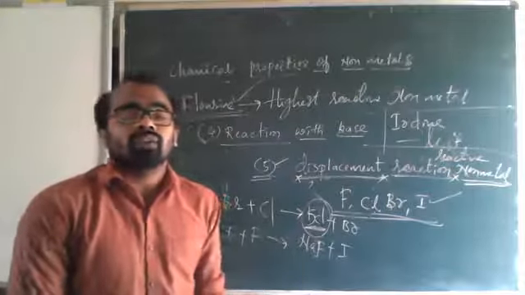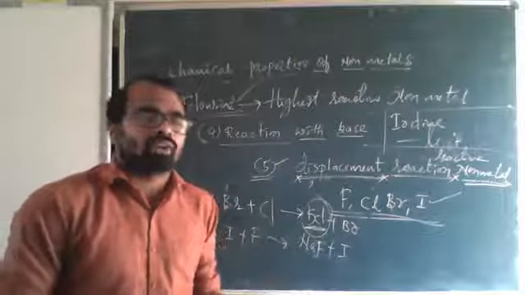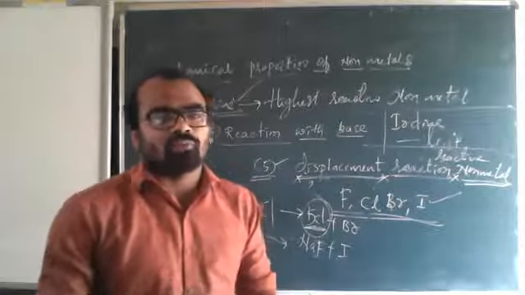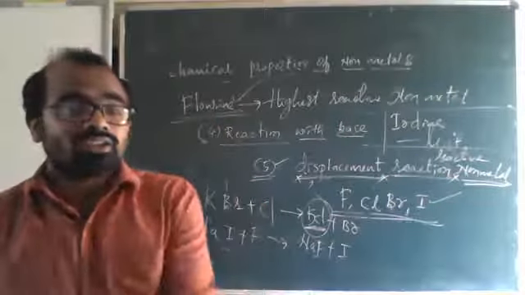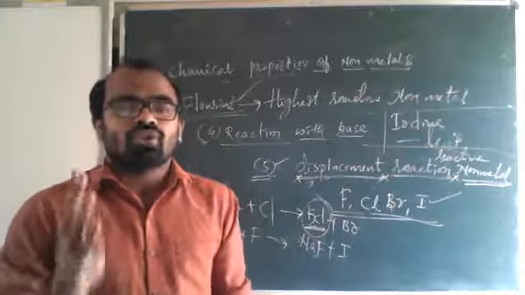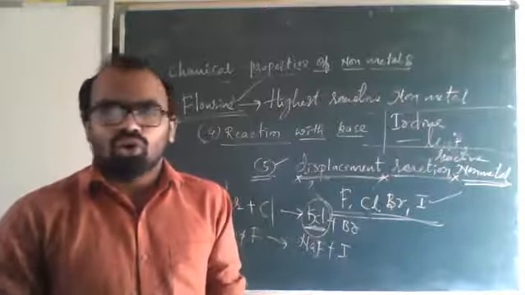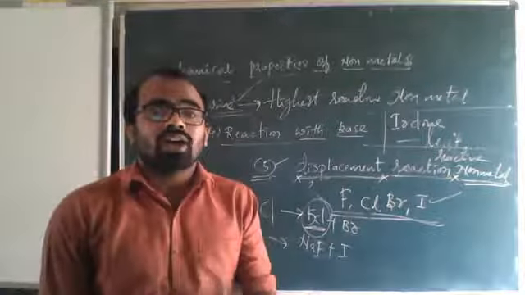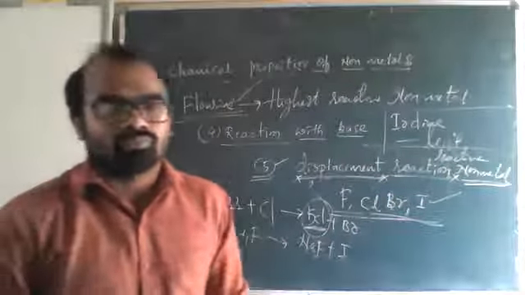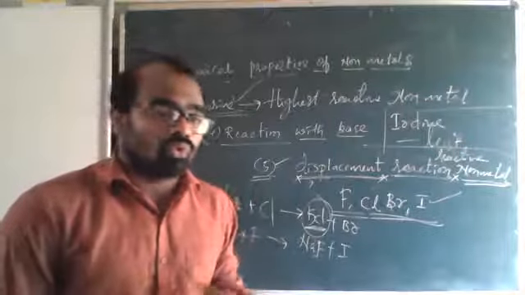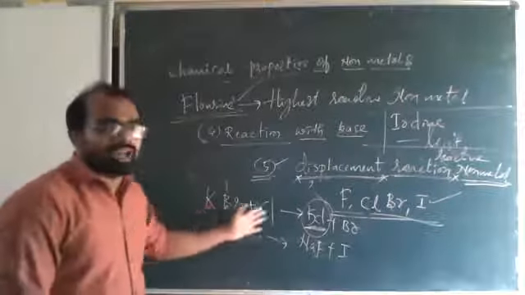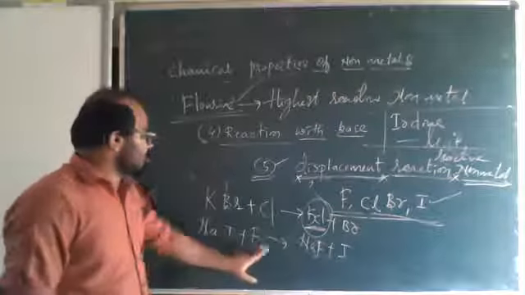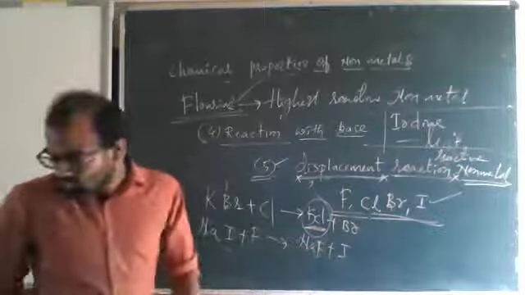Displacement reaction. You know that when a more reactive metal displaces a less reactive metal from its solution, we call it a displacement reaction. Only four non-metals: fluorine, chlorine, bromine and iodine go under displacement reaction. So the example is KBr plus F, potassium bromide plus fluorine, gives KCl plus bromine; NaI plus F gives NaF plus I. So you remember only this much.